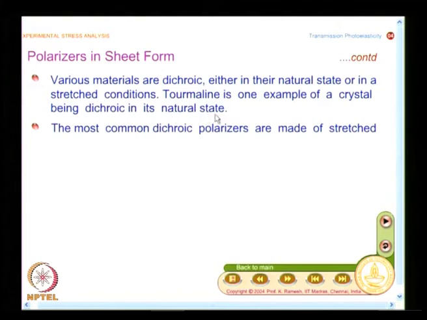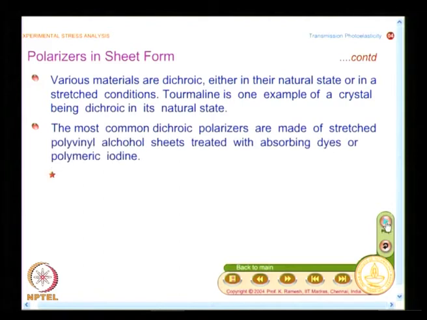And what we have seen while making the Polaroid sheets was, you had polyvinyl alcohol stretched. The most common dichroic polarizers are made of stretched polyvinyl alcohol.